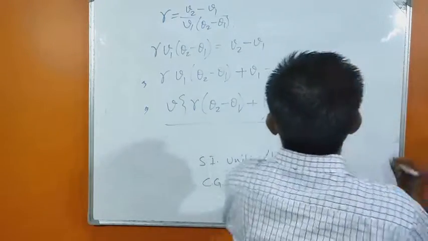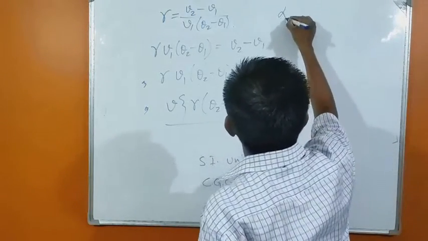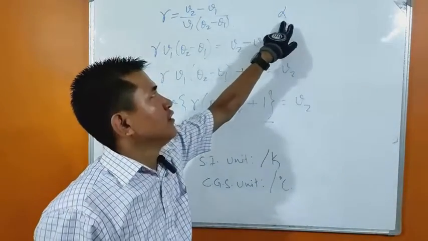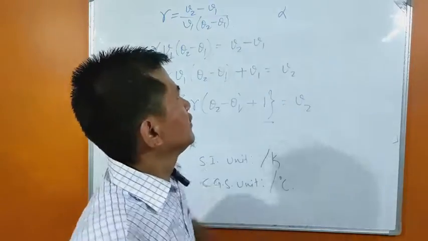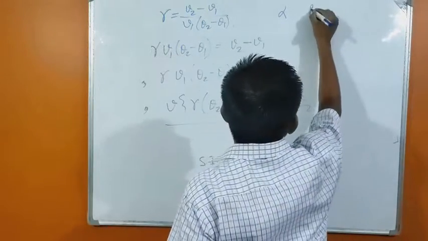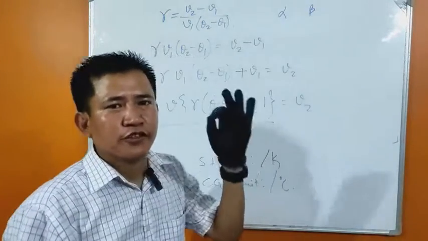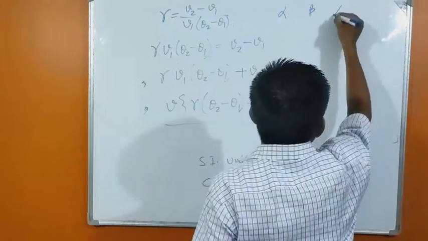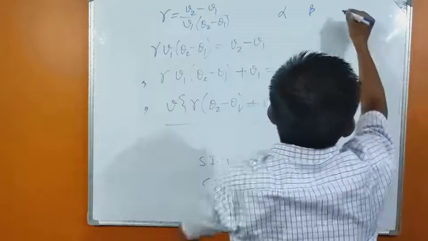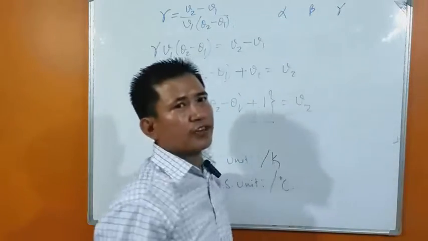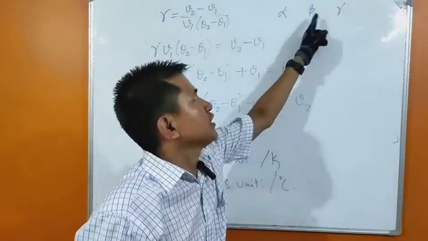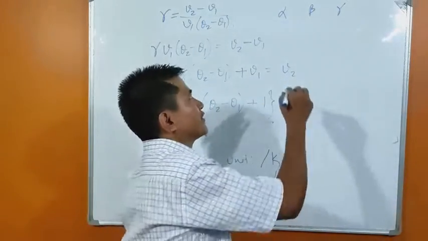Now we knew that alpha is the coefficient of linear expansion of solid, beta is the coefficient of superficial expansion of the solid, and gamma is the coefficient of cubical expansion of the solid. And these three are related. How are they related?